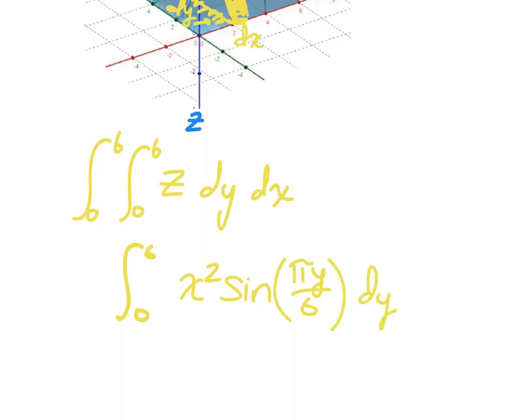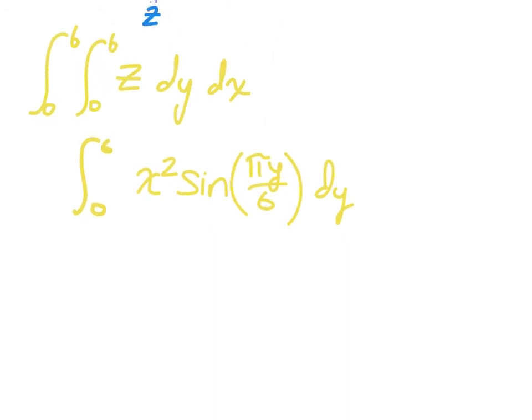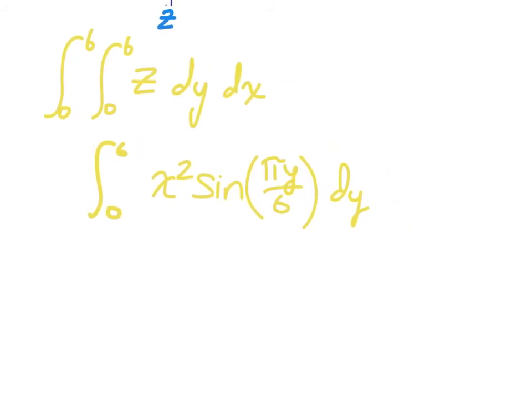All right, so maybe not as easy as I was making it seem, but we'll get there. Integrating really only involves me messing around with this component because that's the only one that has a y in it.